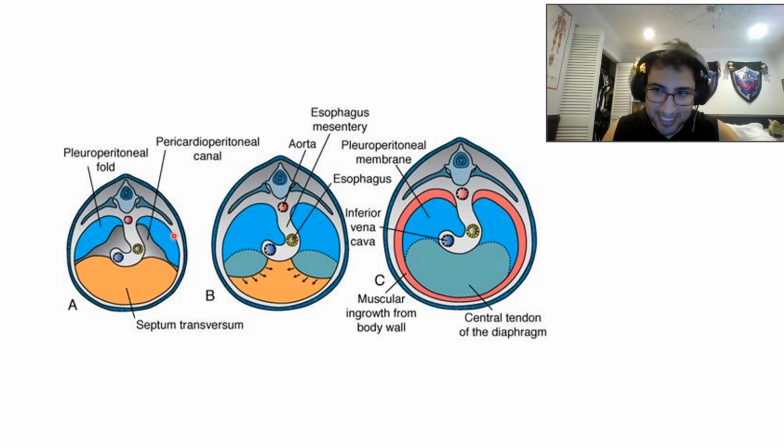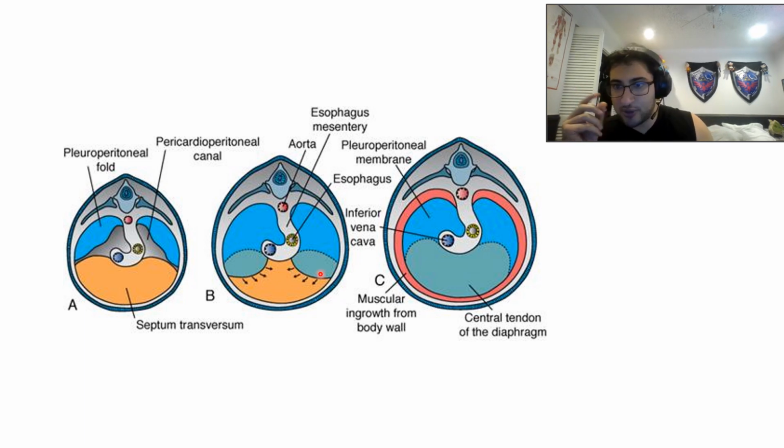Okay. By the 7th week, these folds will become thinner and there'll be these pleuroperitoneal membranes. So these folds will thin out and form these membranes, and they'll grow medially inwards. Notice how they're growing in medially to fuse with the mesentery of the esophagus.